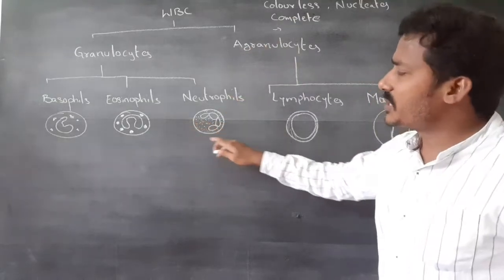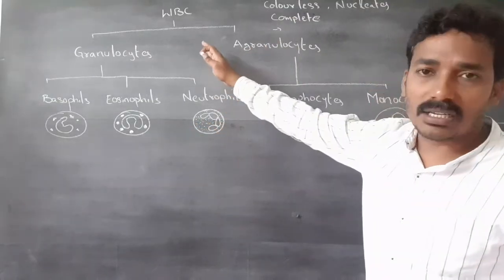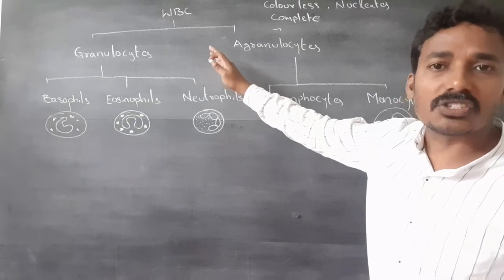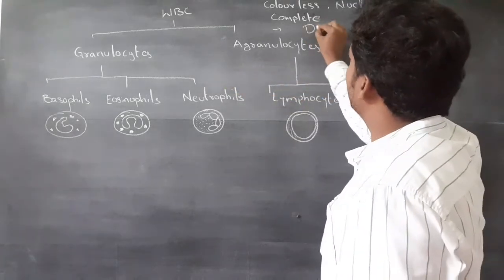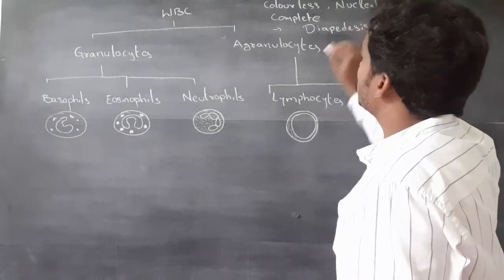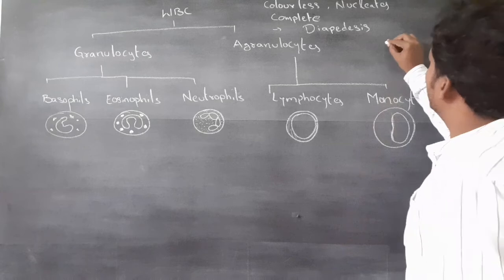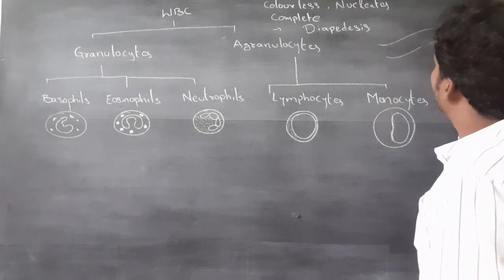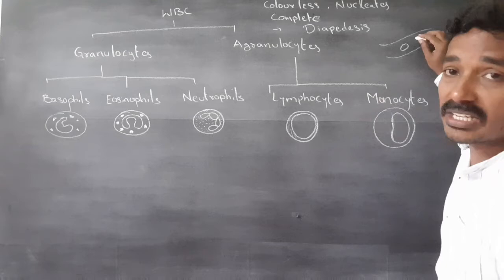The cell shapes are irregular or spherical. WBCs show diapedesis. Diapedesis means WBC shows migration.